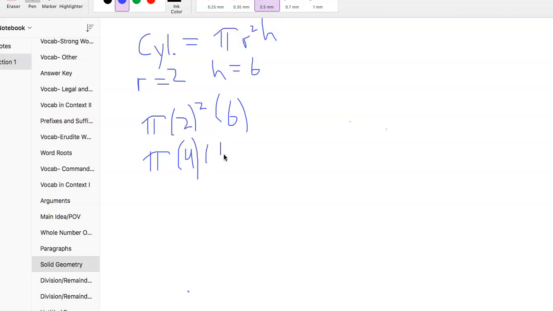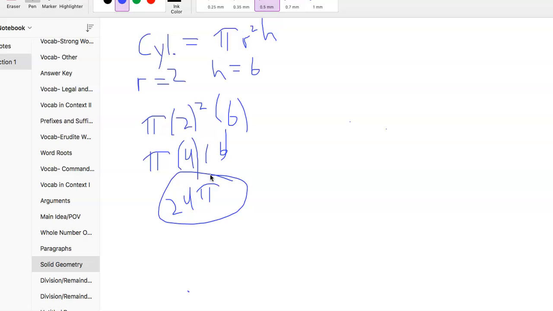We'll carry that 6 down. 4 times 6 is 24, last I checked. And 24 pi would be our answer. So really we just plugged it in. If you're thinking about pi equals 3.14, that's great, you're not wrong, but in geometry you'll just see the answers in pi.